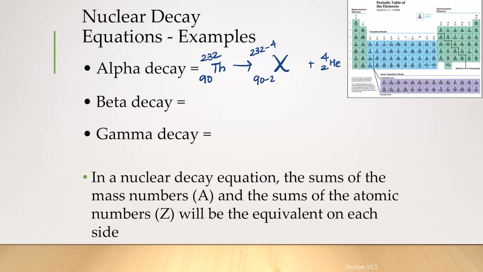So the value for 90 minus 2 is actually 88, and 232 minus 4 would be 228.